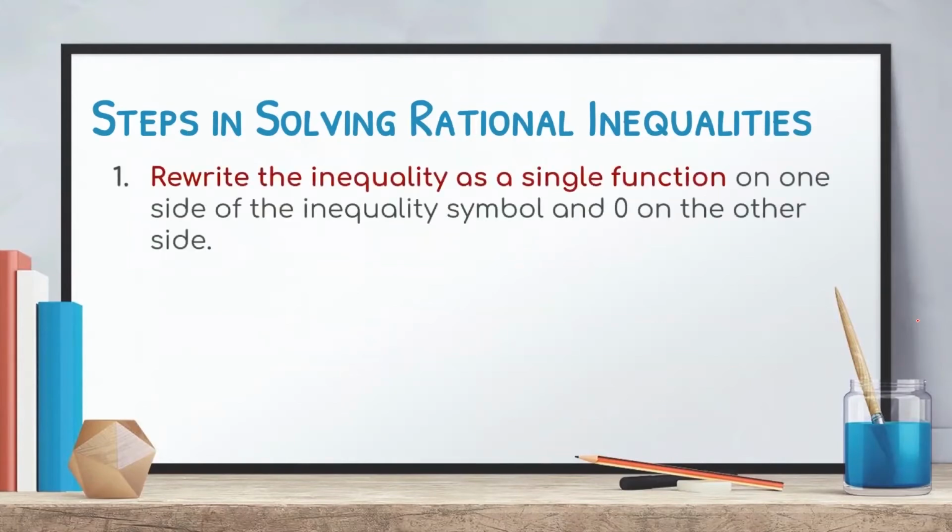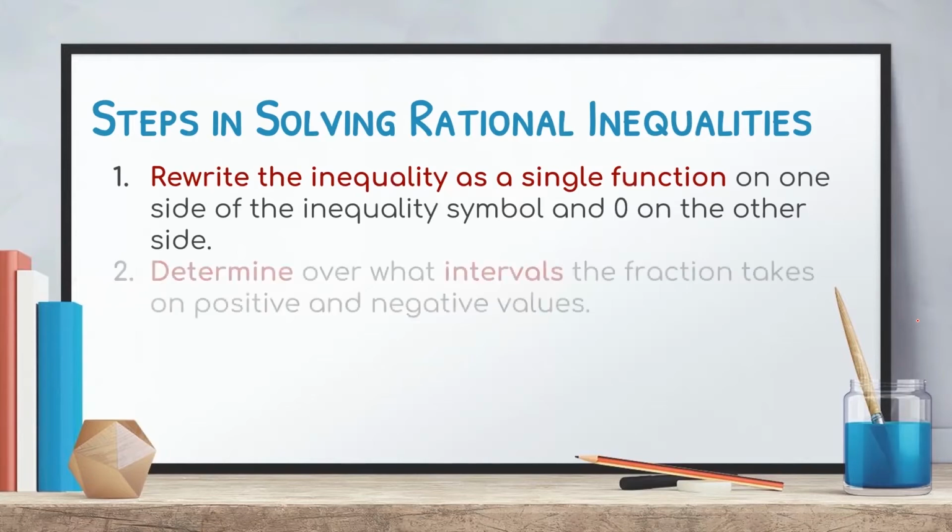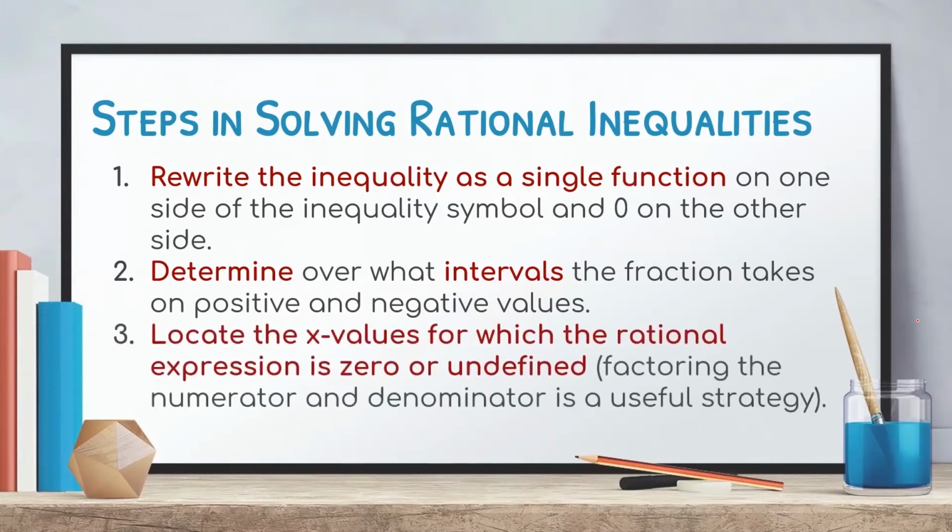First, we write the inequality as a single function on one side of the inequality symbol and 0 on the other side. Second, determine over what intervals the fraction takes on positive and negative values. Third, locate the x values for which the rational expression is 0 or undefined.